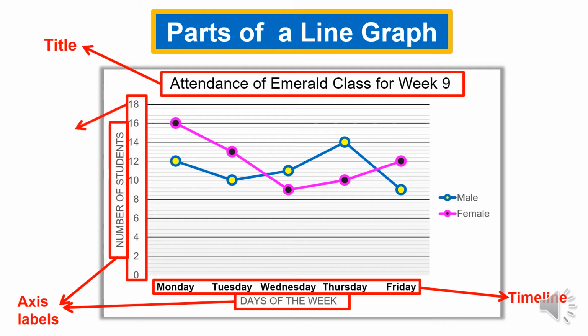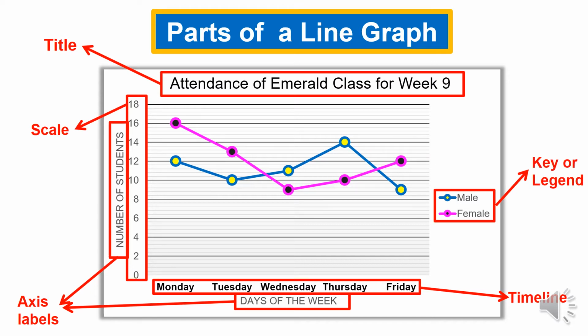The X axis gives the category, which is mostly and obviously a timeline, as line graphs show the progress of data over time. And here on the left, we have the scale.